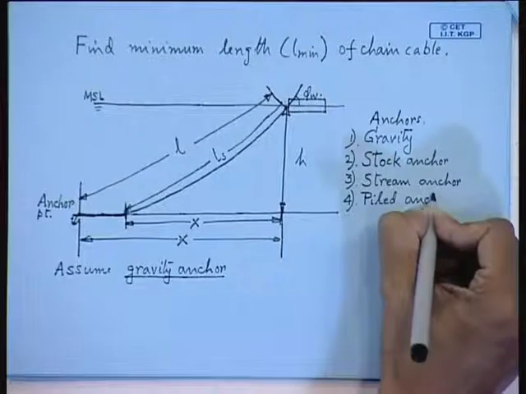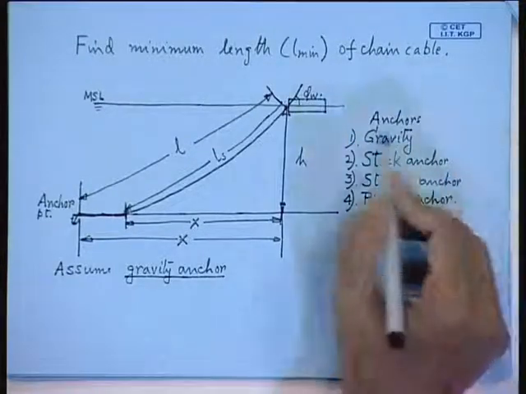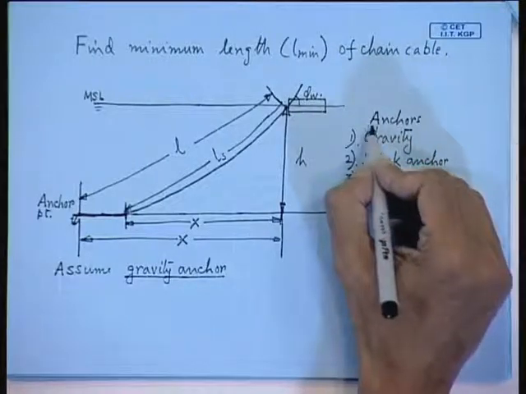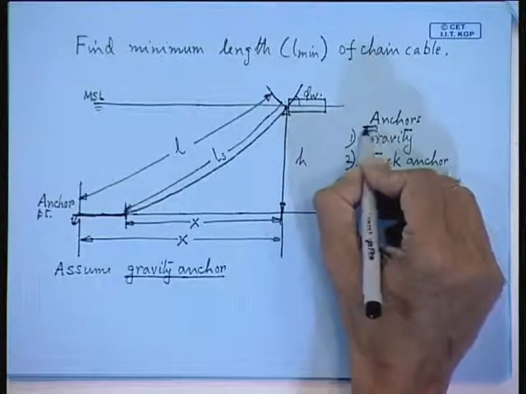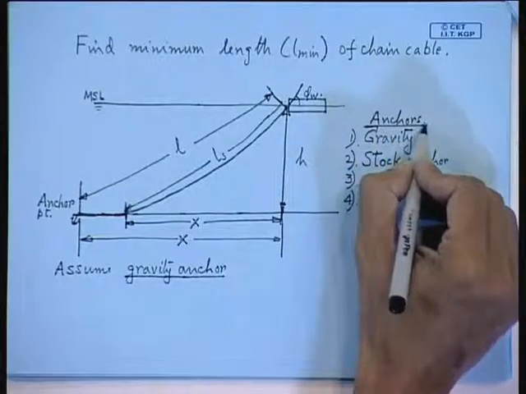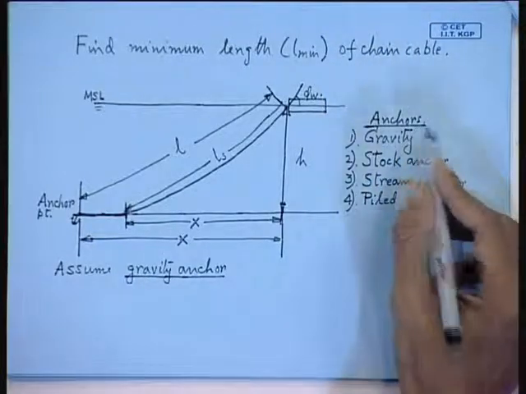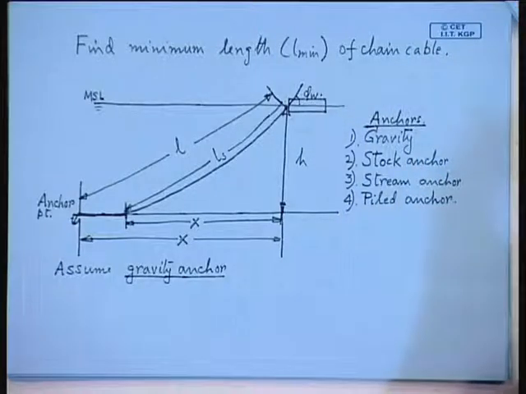Now, anchor is actually a pretty common term in civil engineering, although in naval architecture we mean that you are dropping a weight onto the seabed, which is clawing the seabed or going inside the seabed and giving a horizontal force. But anyway, these are various types of anchors you can use.